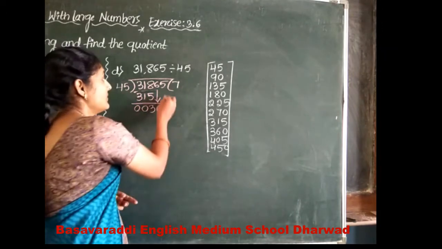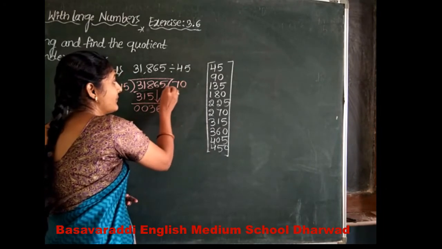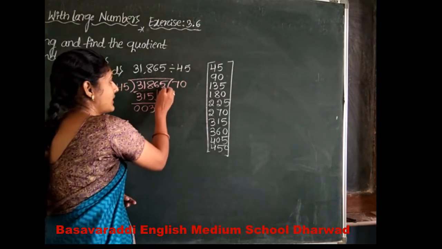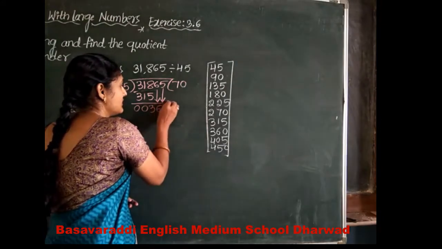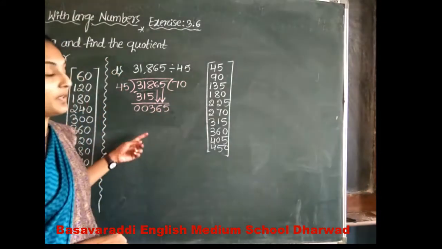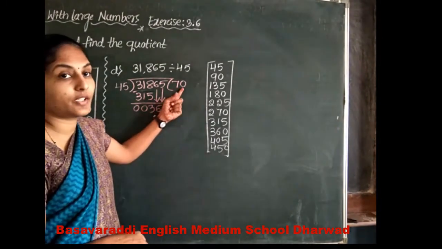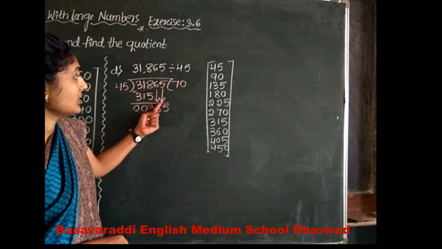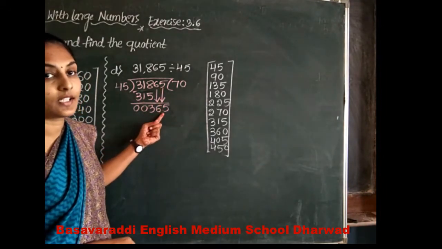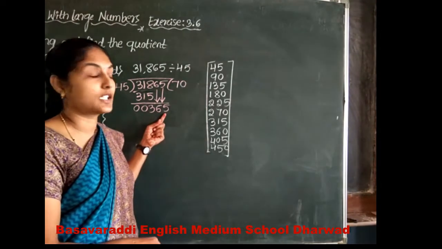Before that, we put 0 in the quotient part and take down the next number. We take down the last digit, that is 5.